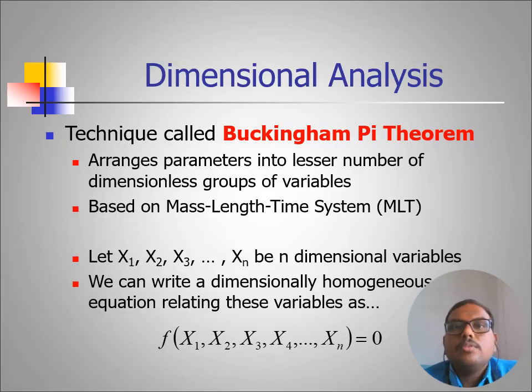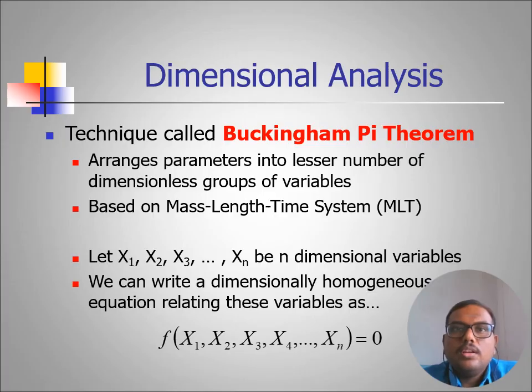The major difference between Rayleigh's method and Buckingham theorem method is that in Rayleigh's method, we can solve with a maximum of 4 variables. If it exceeds 4, it will be difficult to solve using Rayleigh's method. Since the fundamental dimension is limited to 3, we cannot go for a larger number of unknown variables. The equation will become complicated and difficult to solve using Rayleigh's method.